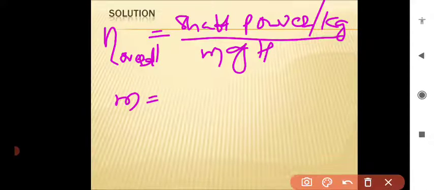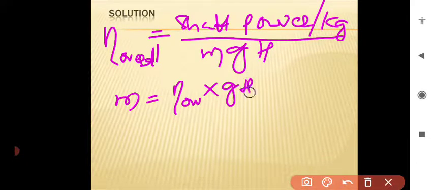M is equal to overall efficiency into gh by shaft power.